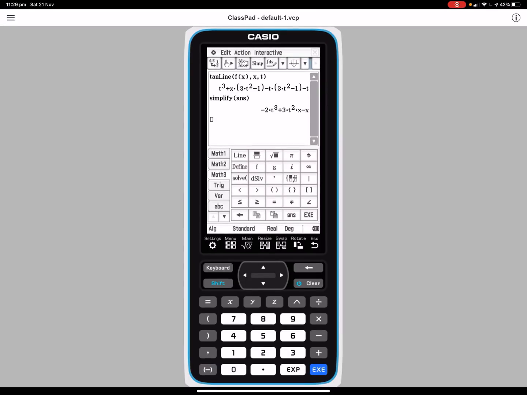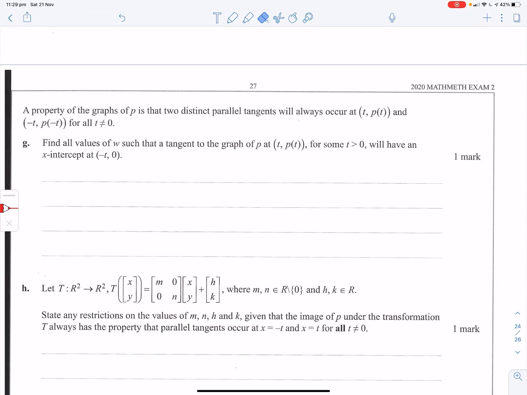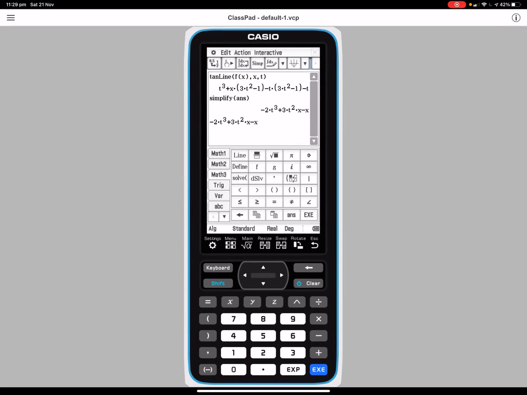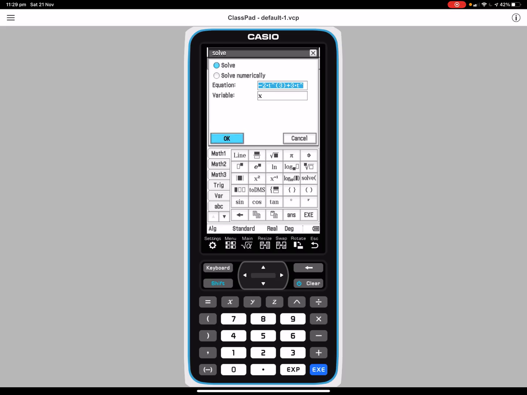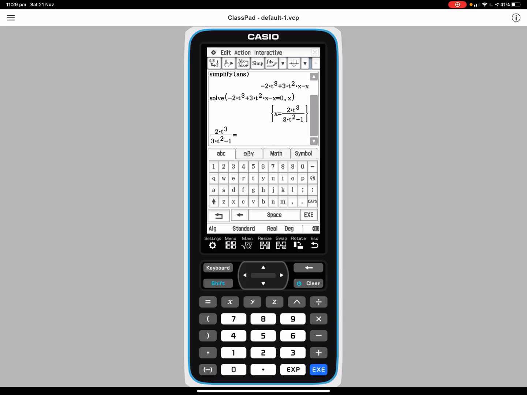Oh, what the hell? I'm not even going to write that. Can't be bothered. So that's the equation of the tangent. When y equals 0, x has to equal negative t. So if I find the x-intercept of this, I get x as that, and we want it to equal negative t.